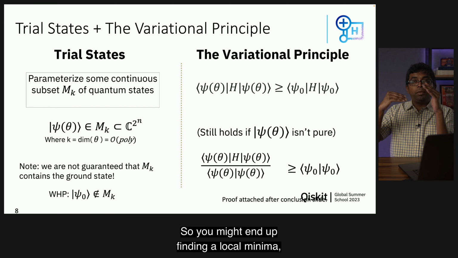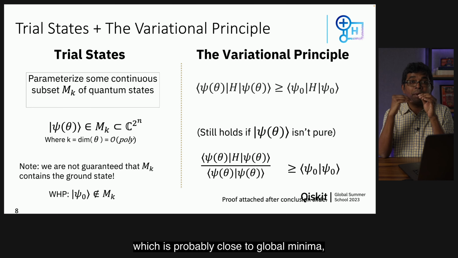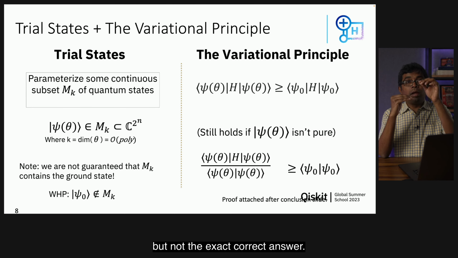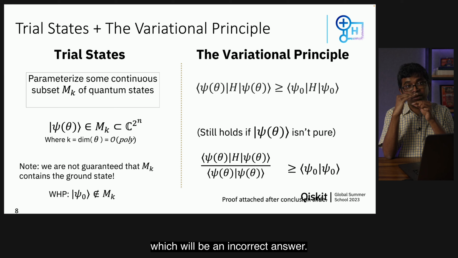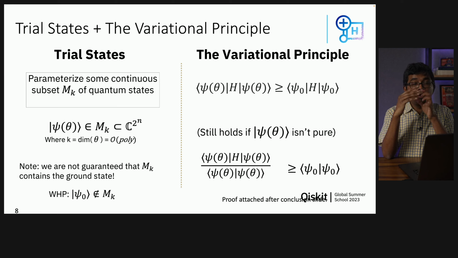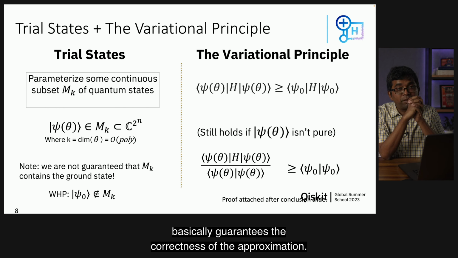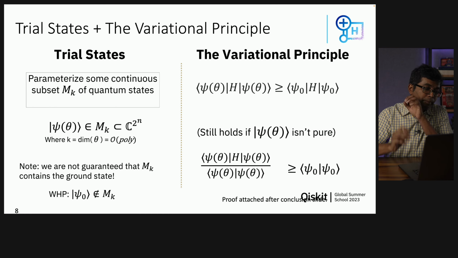So you might end up finding a local minima, which is probably close to the global minima, but not the exact correct answer. But as you variationally search for the solution, you will never go below the global minima, which would be an incorrect answer. So the variational principle basically guarantees the correctness of the approximation.